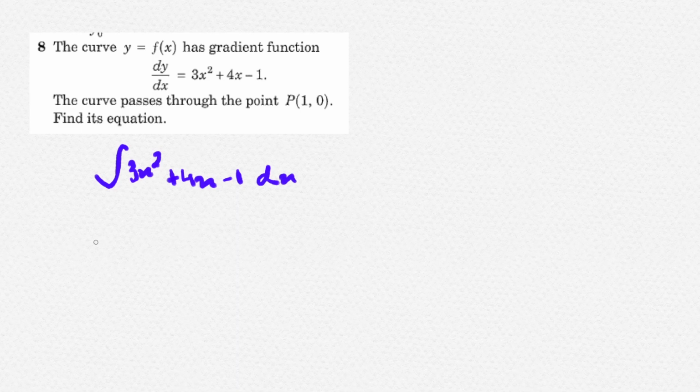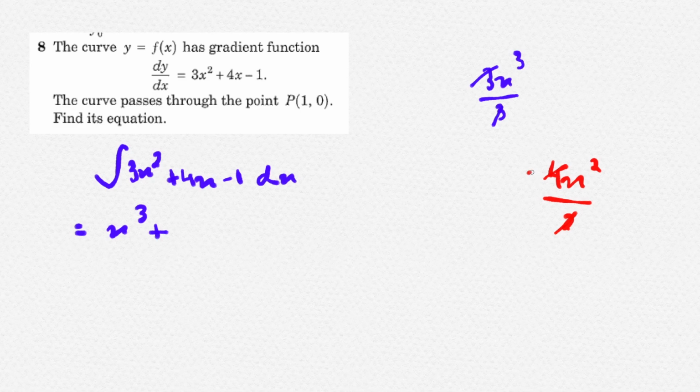So now let's find the integration of 3x squared. Now, from before, we know for integration we must add and then divide. Therefore, the integration of 3x squared will be equal to x cubed. Now, for the integration of 4x, it would be 4x squared divided by 2.